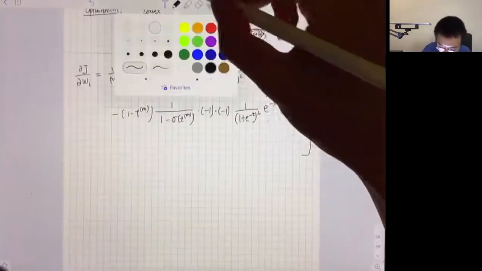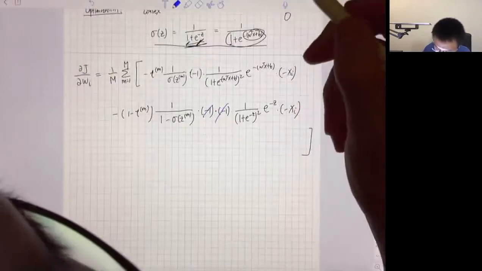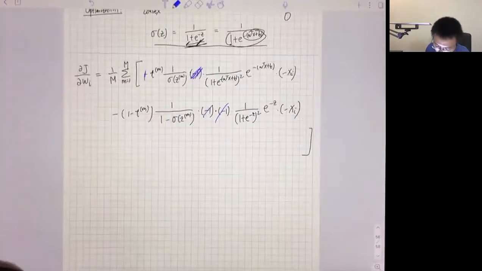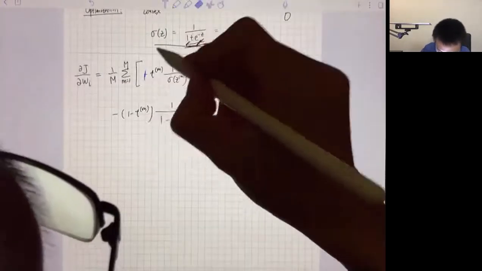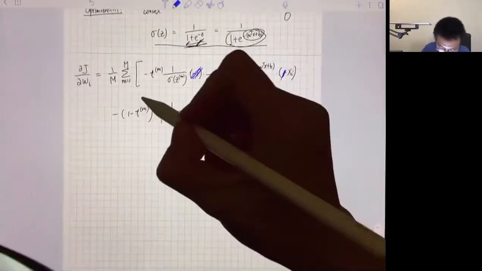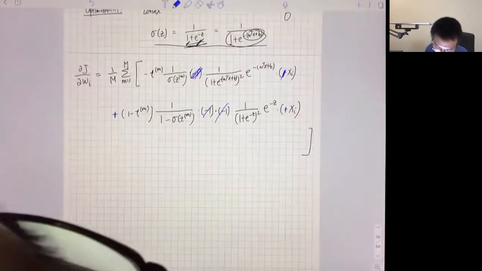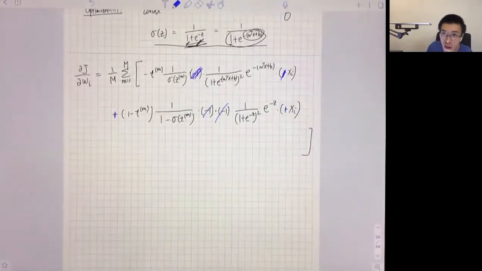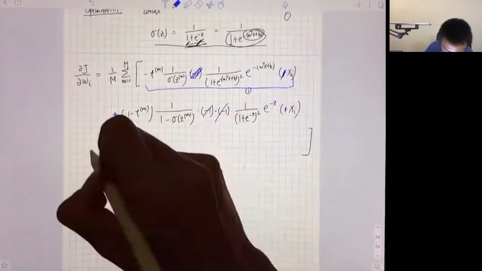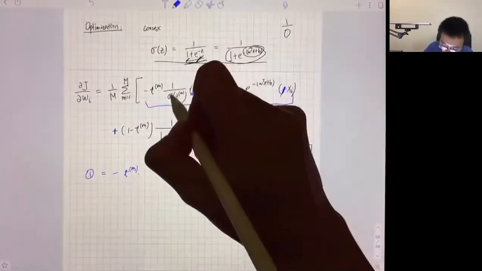So I can now simplify things a little bit. I can cancel out the useless minus terms. I'd rather keep this term, but I would make my x positive. Now I can cancel these two minus signs. And I would like to expand the terms one by one. So this is my first term. My first term is actually minus t_m times 1 over sigma.